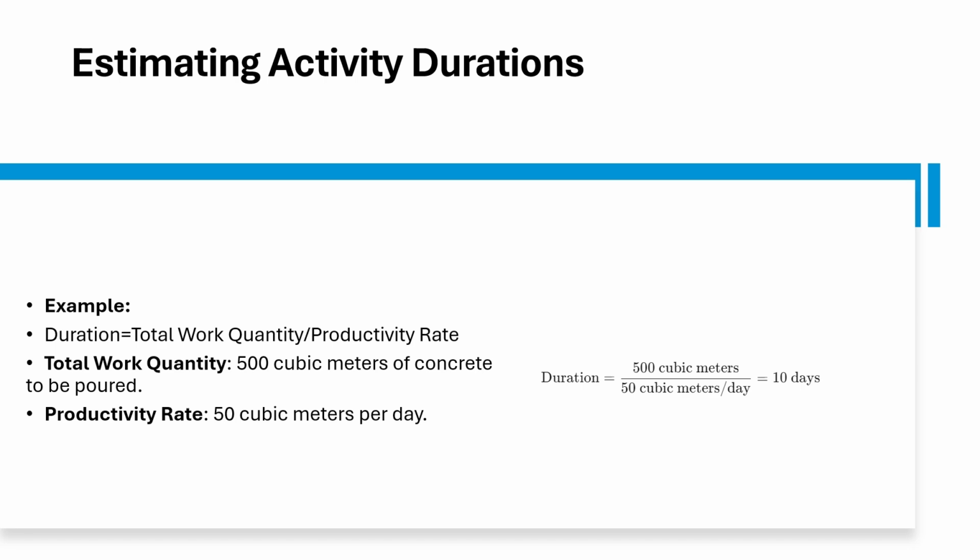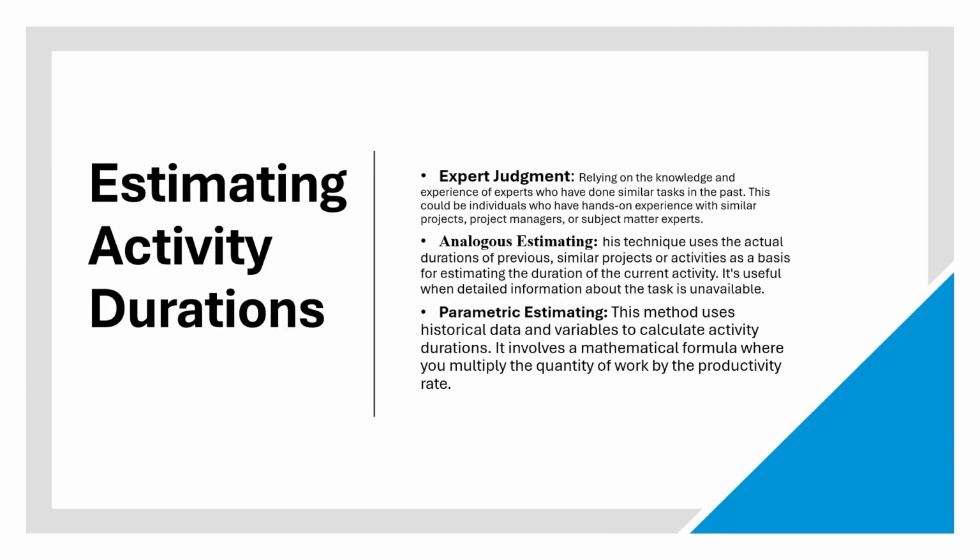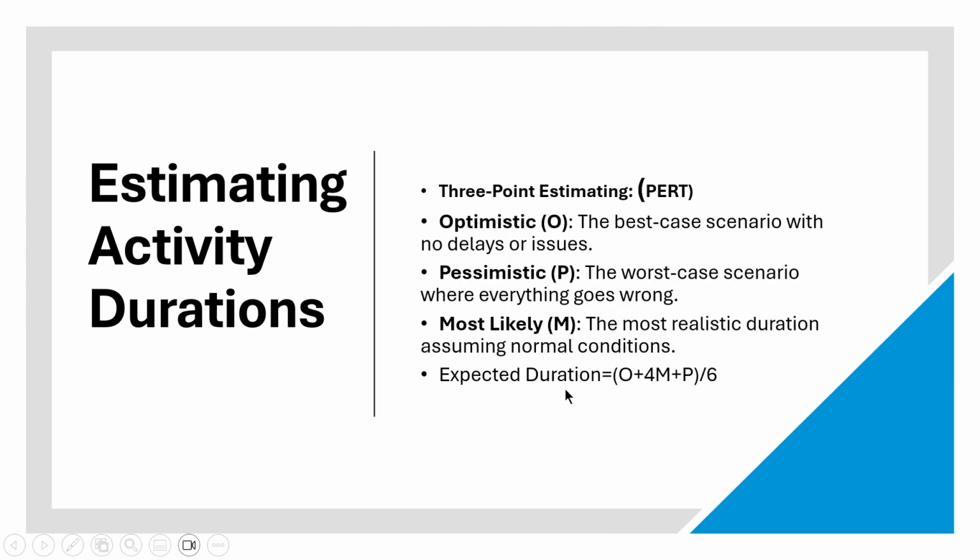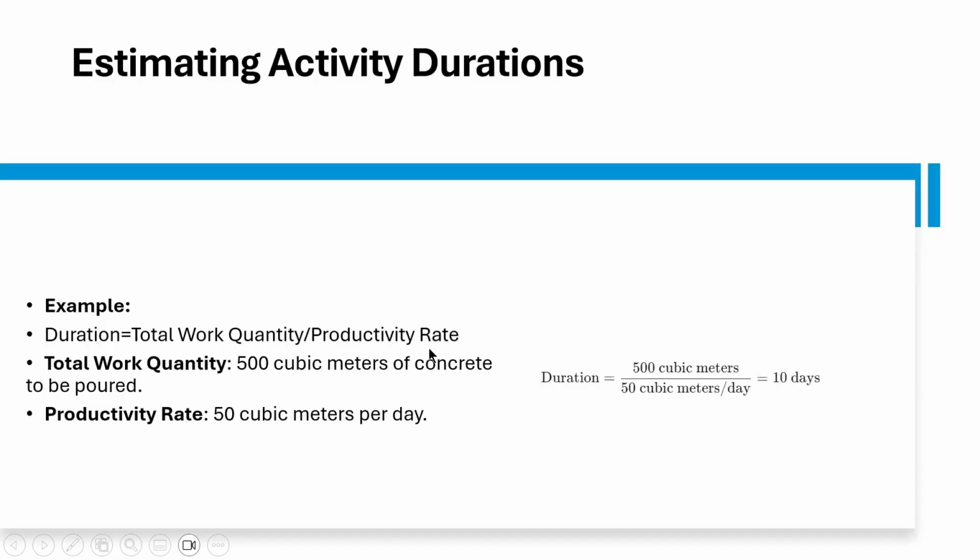So how to estimate activity duration? As we discussed in parametric estimation, we use productivity. To calculate duration, we have the total work quantity, and we divide it by the productivity rate.